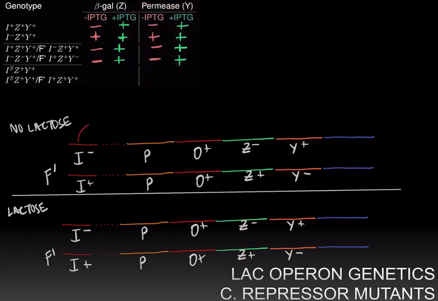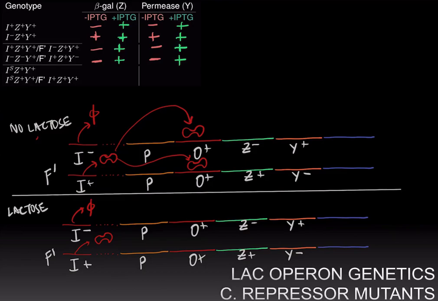And so my I minus allele does not give any functional repressor protein, whereas the I plus allele gives a functional repressor protein. Now, when we don't have any lactose in the cell, then this repressor protein can diffuse and bind both the operator sequences.